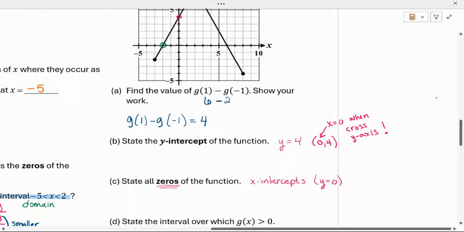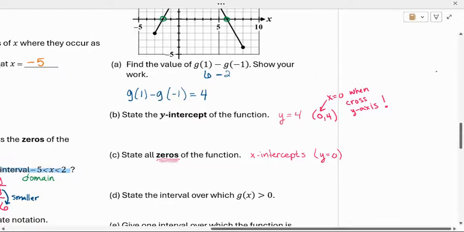Well, I cross it right here, and I cross it right here. So what are those points? What's the first one? -2. So -2 comma 0.